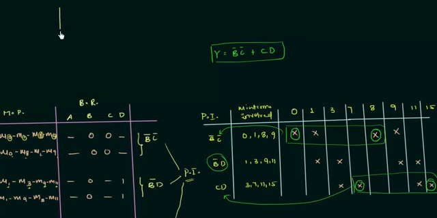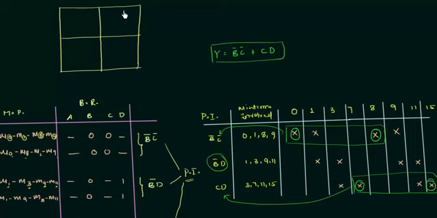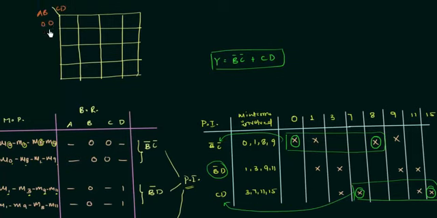If I draw a 4 variable K-map, we are going to have 16 cells. Okay, this is our 4 variable K-map. The variables are A, B, C, D, with 00, 01, 11, 10 along each axis.